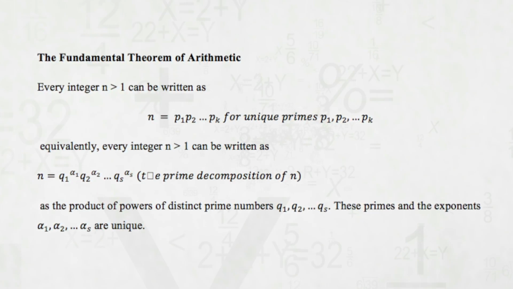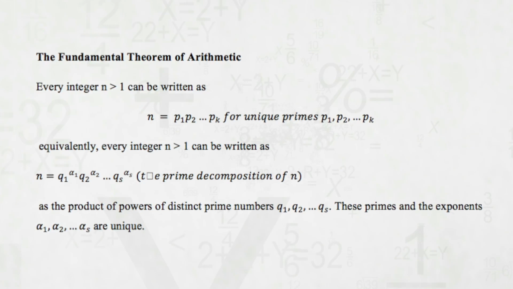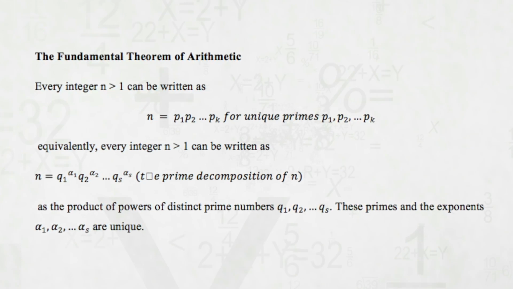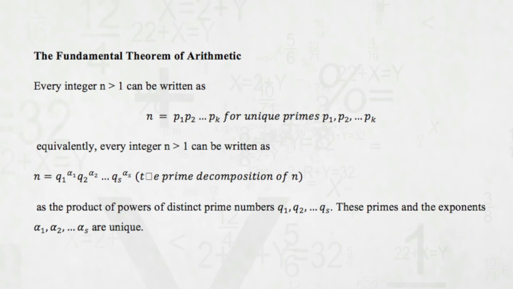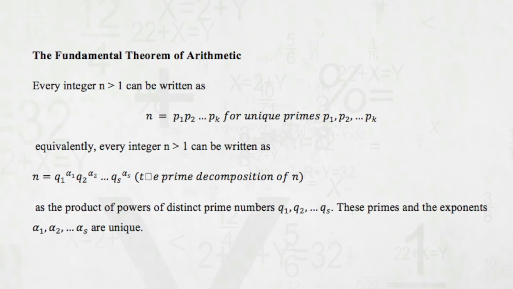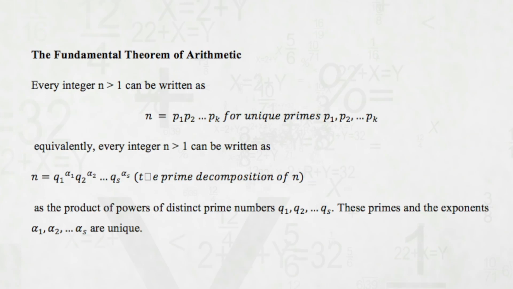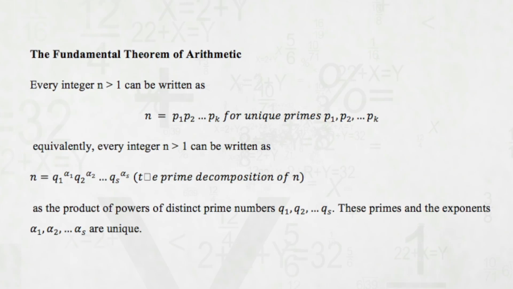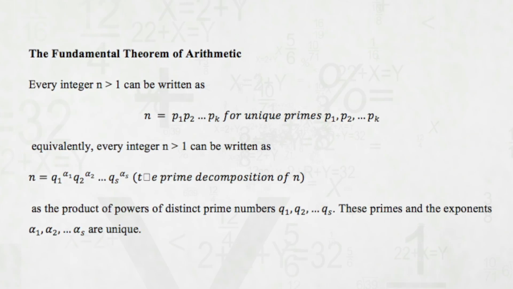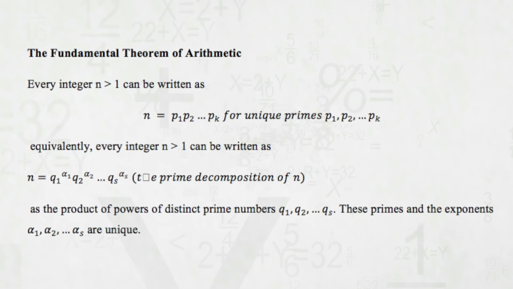This is called the prime decomposition of n, as the product of powers of distinct prime numbers q1, q2 etc. qs. So, we have expressed n as a product of powers of distinct primes. These primes and the exponents alpha 1, alpha 2 etc. alpha s are always unique. So, this is the statement of the fundamental theorem of arithmetic.